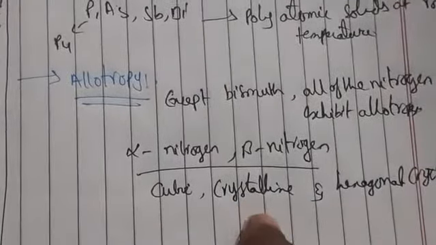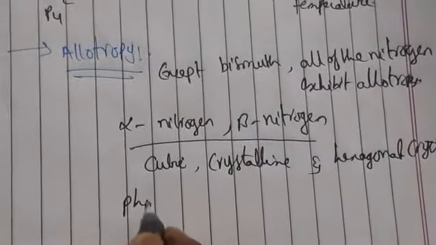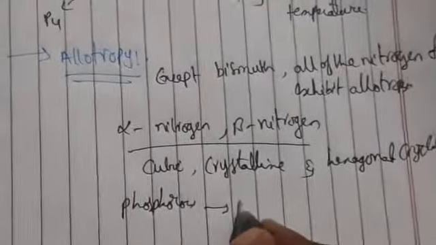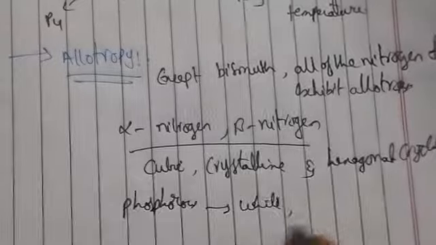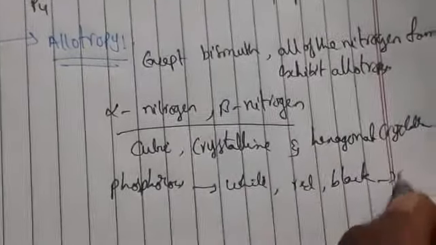Coming to phosphorus, we have three allotropic forms: white, red and black phosphorus.